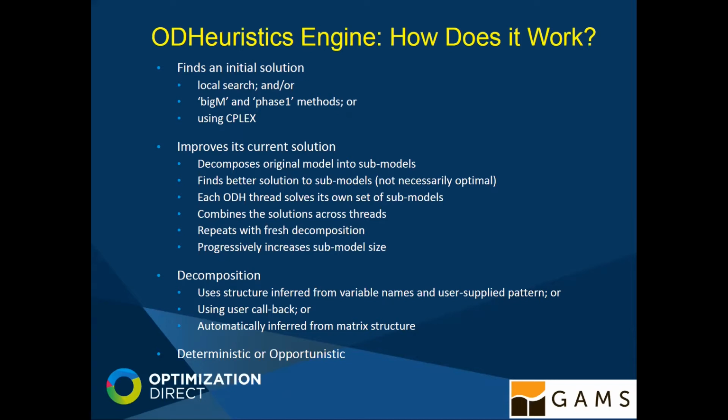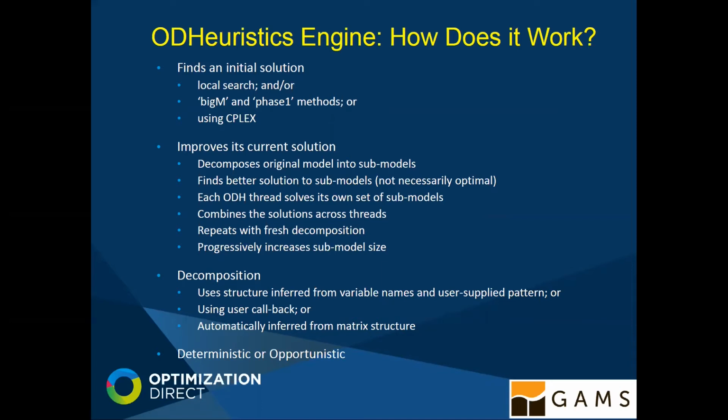The operation of parallel programs can be somewhat unpredictable, but we do have, and in fact we have by default, a deterministic mode of operation in which you're guaranteed to get the same solution path if you solve a model twice. Or if you're concerned only about getting solutions quickly, you can say, well, we're not bothered with that, just run in what we call opportunistic mode, where we don't bother synchronizing the various threads.